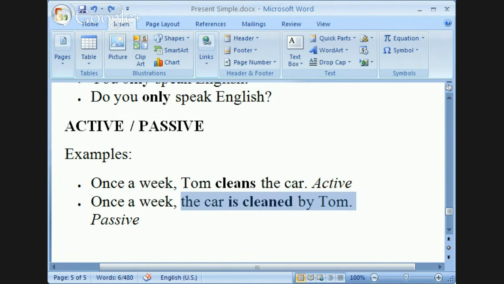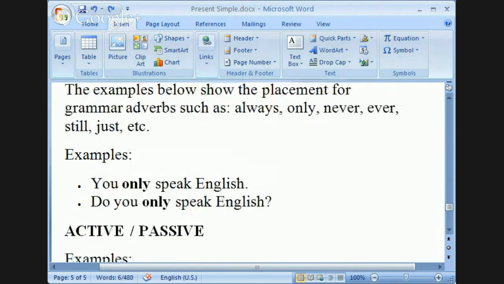Always going to be before the verb in the future simple. Yes, in the last example. I'm going to clean the car, like that. No, I'm confused. In the last examples. For example, do you only speak English?